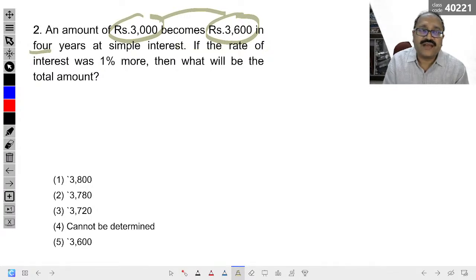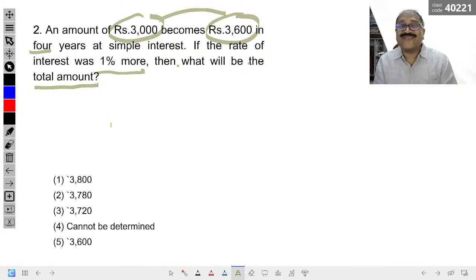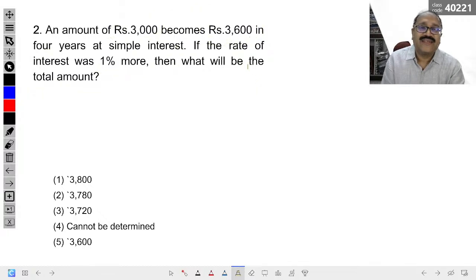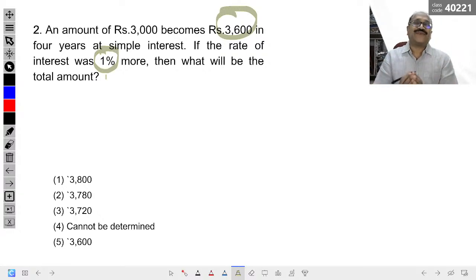If the rate of interest is 1% more, then what will be the total amount? The total amount now is 3,600. If the rate of interest is 1% more, what will be the total amount? Come on, my friends. I know you can do it.